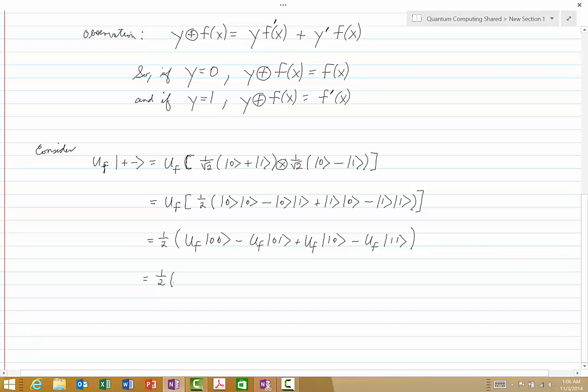Okay, so let's come down here and use that information to work on this a little bit. So the first one, again, UF of x, y, the first qubit of the result will be the same as the first qubit of the input. So we will have 0, and then the second qubit here will be 0 exclusive or f of 0.